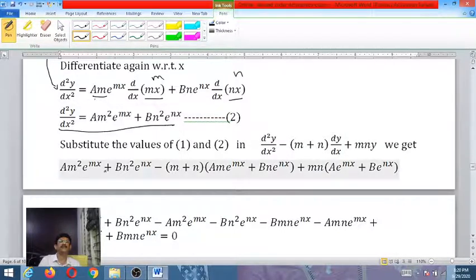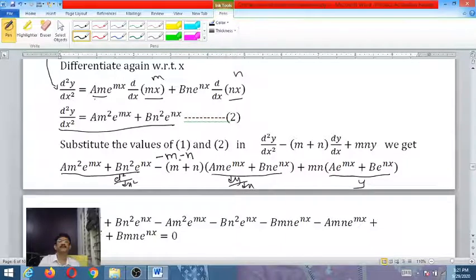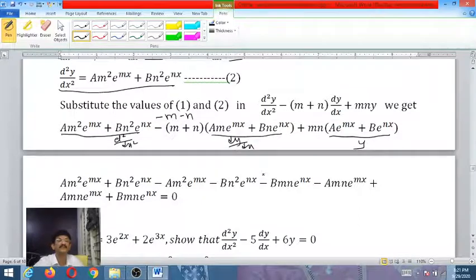This is minus m plus n into this is y. Now look at here, minus, this is nothing but minus m minus n. So these multiplied with this one, right? What happens now? You should get 0 as a result.